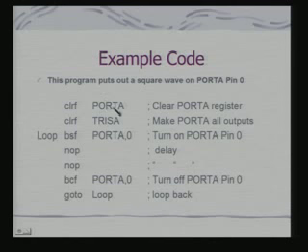Now, typically each port has a register associated with it, and you clear the content of the register, because if you want to write something onto the port, you would ideally like the content to be first cleared.